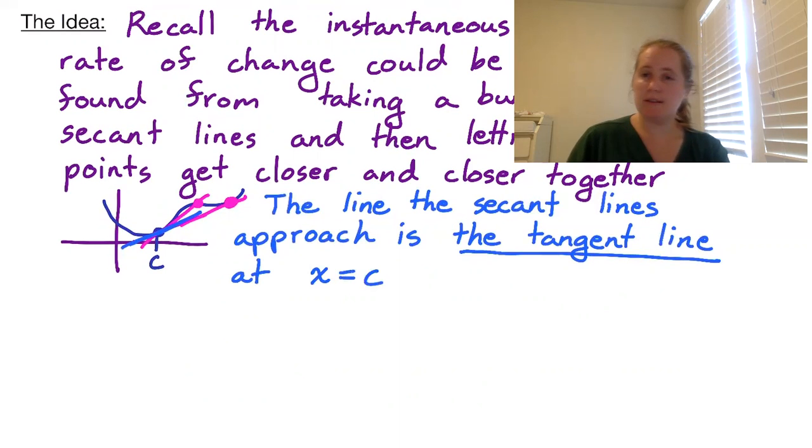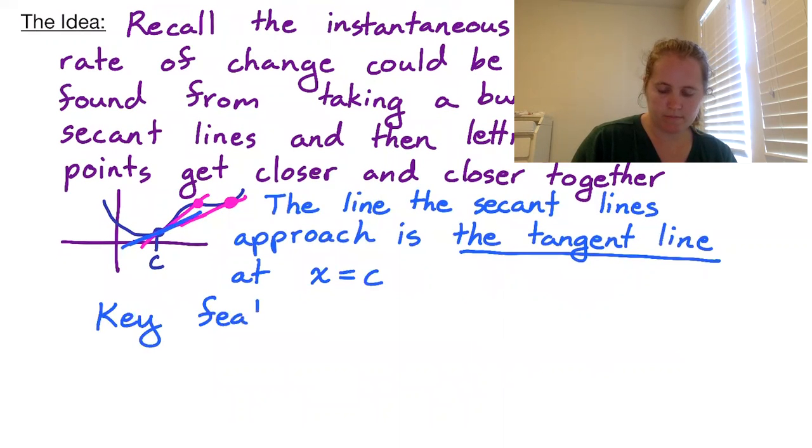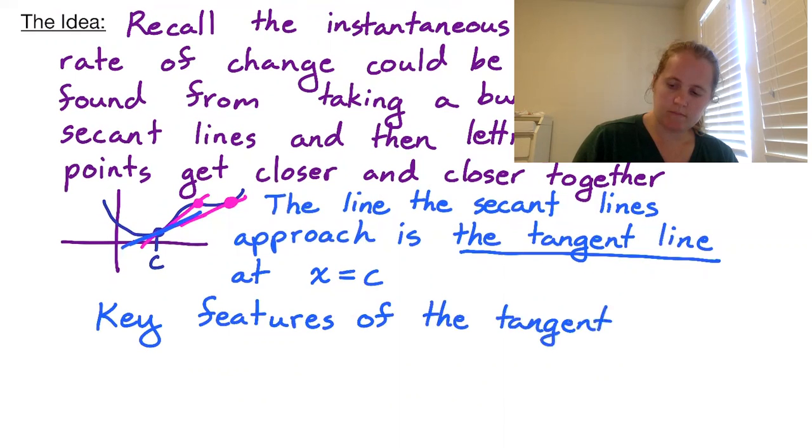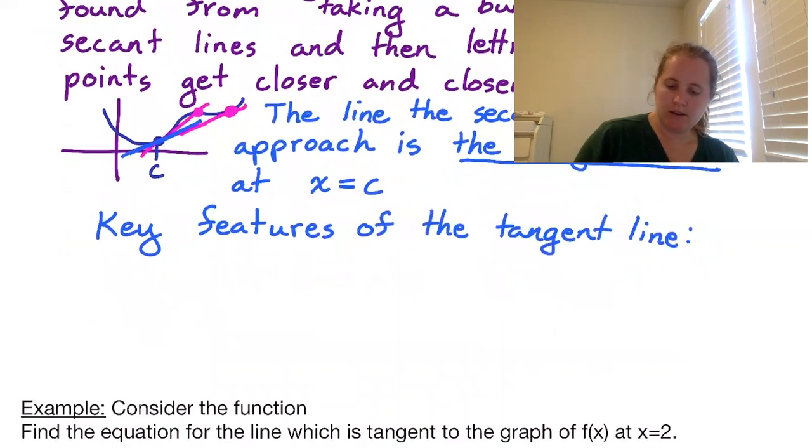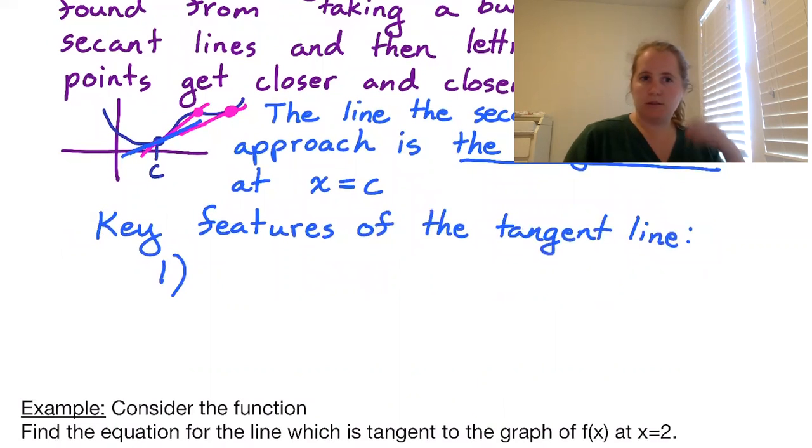And the key features of the tangent line: first up, just by definition, remember the instantaneous rate of change is the slope of that line, and that is precisely the derivative.